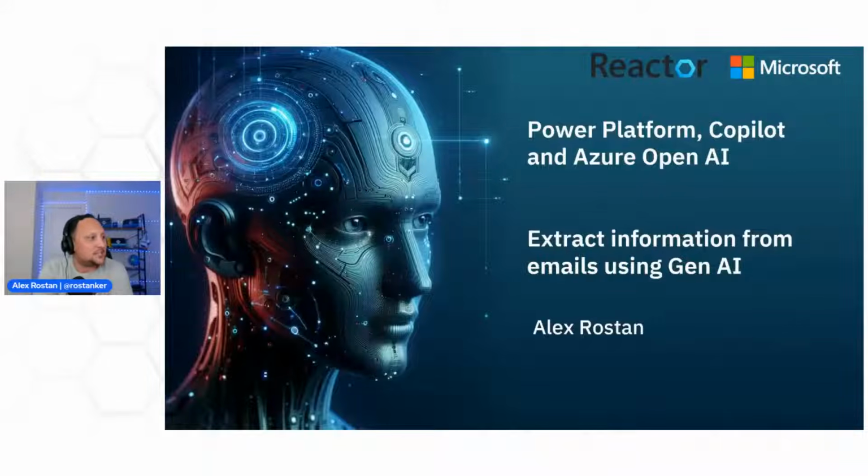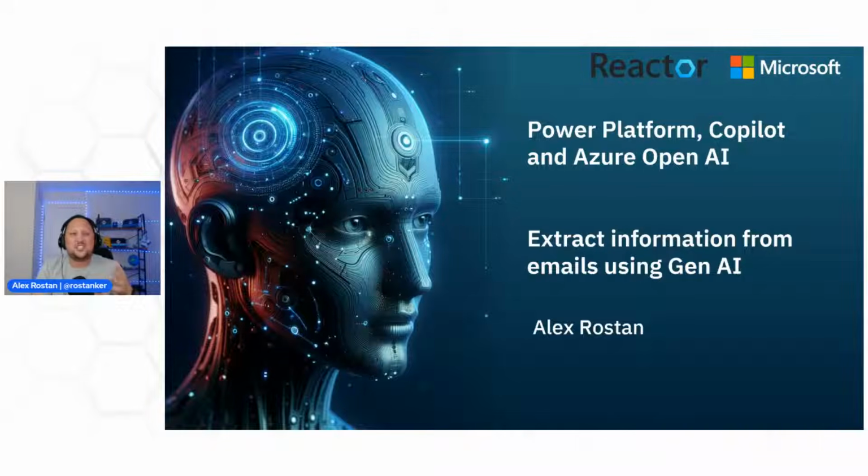Okay, so let's start. Today's session is about extracting information from emails using Gen AI. But at the end of the day, what we are going to see today is how to use Power Platform, particularly Copilot and Power Automate, to extract information or text from an email.